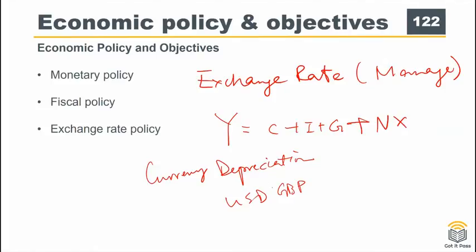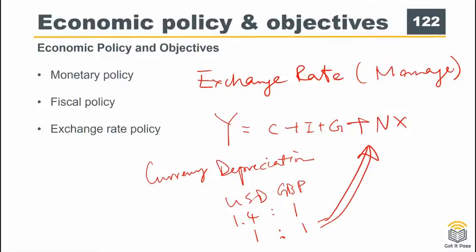For example, today 1 British pound can exchange for 1.4 US dollars. Say I would like to depreciate the British pound to extreme parity, 1 British pound to 1 US dollar. So it depreciates. What's the impact on export?